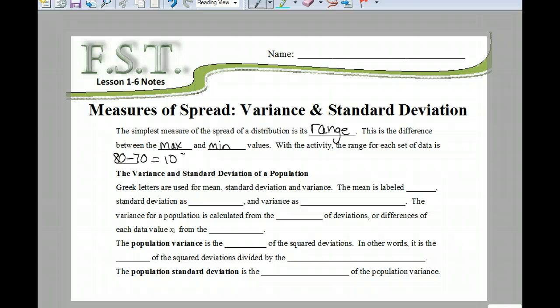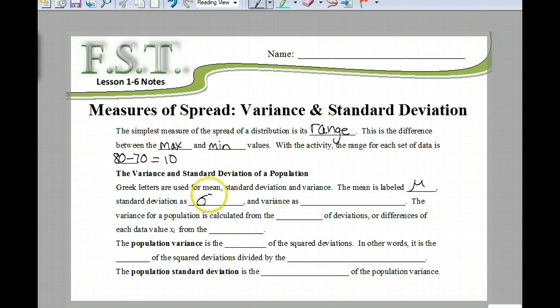Okay, so the variance and standard deviation of a population. Greek letters are used for the mean, standard deviation, and variance. The mean is labeled mu, pronounced mu. Not moo, but mu. Okay? The standard deviation is sigma.